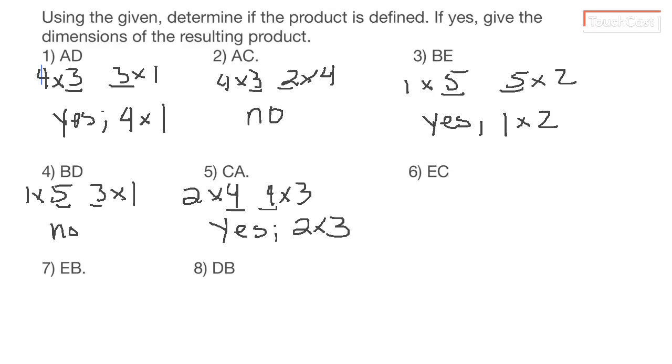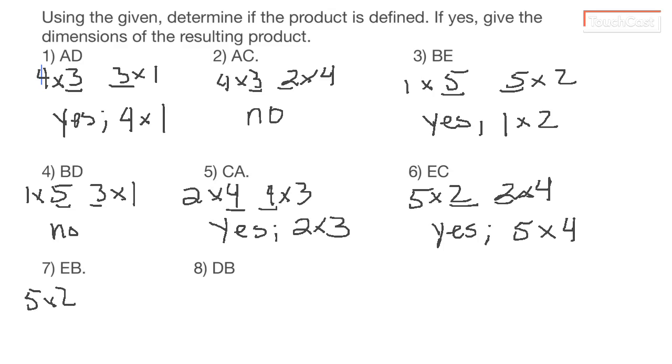EC. E we know is 5 by 2. C is 2 by 4. Since the number of columns in E matches the number of rows in C, we can multiply them. The resulting matrix is going to be a 5 by 4 matrix. EB, E we know is 5 by 2, and B we know is 1 by 5.